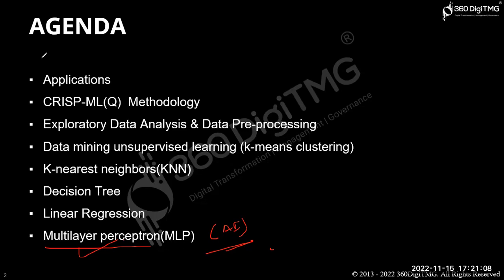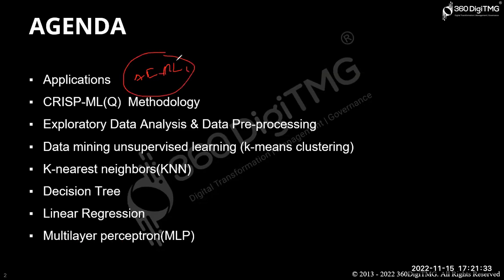So these are the agenda for this domain analytics program. We'll go through each topic one by one in detail. Today we'll be discussing applications. What applications will we be having? Machine learning applications, obviously, AI and machine learning.